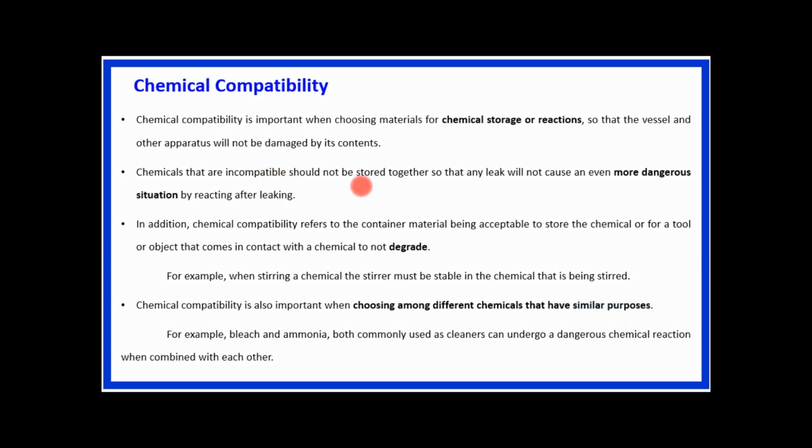Chemicals that are incompatible should not be stored together so that any leak will not cause an even more dangerous situation by reacting after leaking. There may be a possibility of a more dangerous situation if some chemicals are leaking from the container, from the storage vessels, or from the reactor.